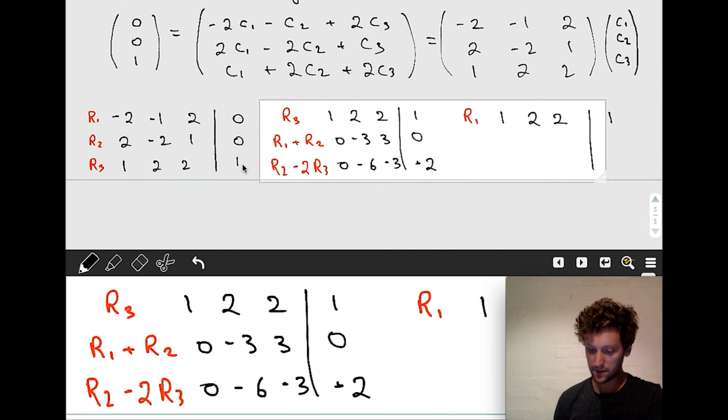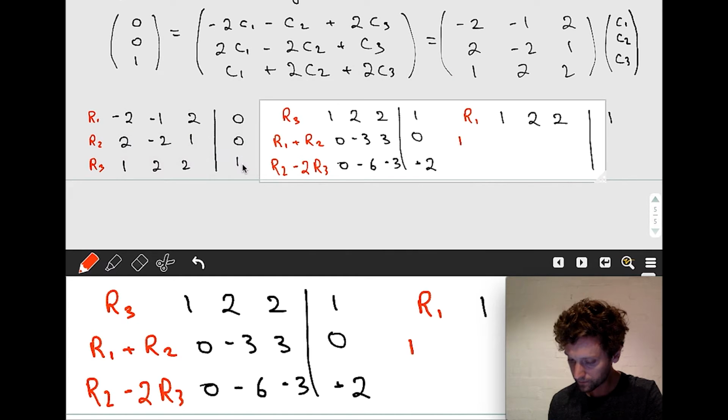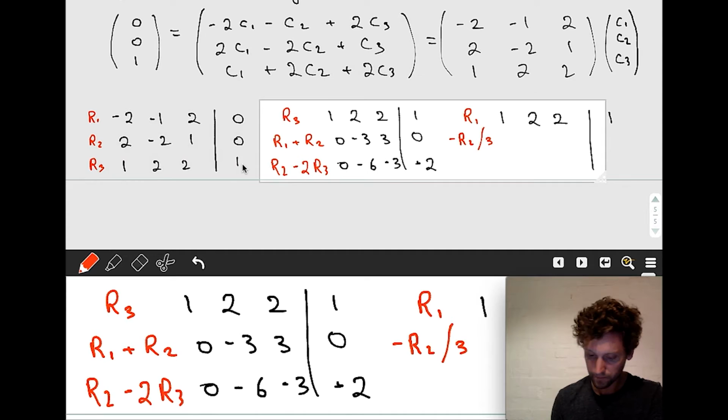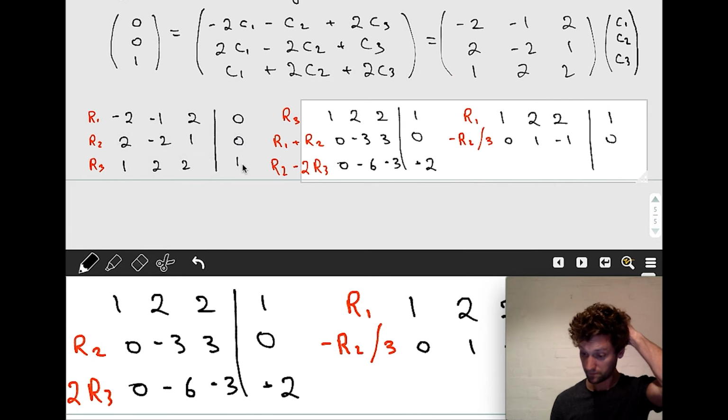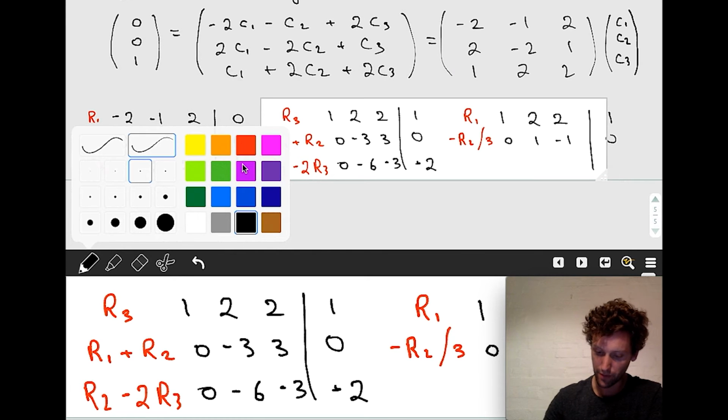Let's divide my second row by minus 3. And let's take my third row and add together third row minus 2 times second row.